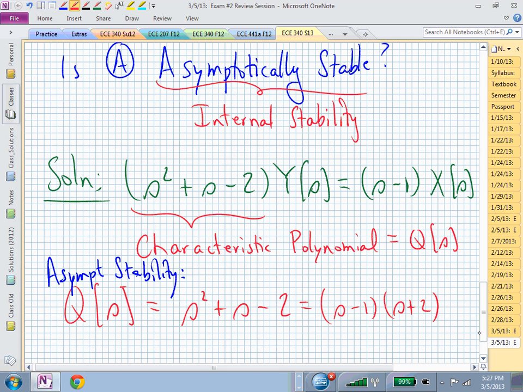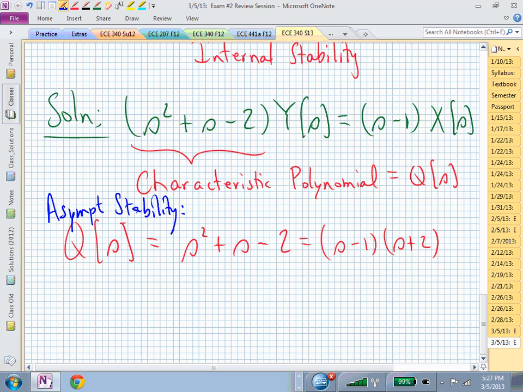And where are those located? We have one at a value of s equal to plus 1. That's actually a pole in the right half plane, and that's a bad pole, right? And we have another pole at minus 2. That one's okay, but if we have any poles in the right half plane, that's a problem.